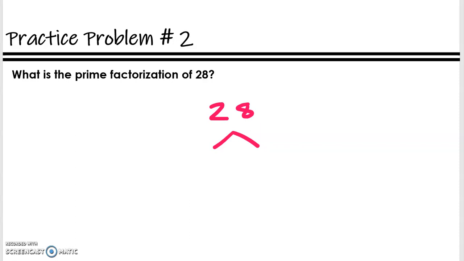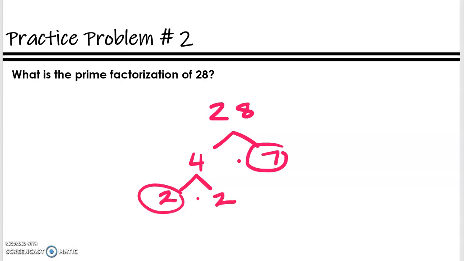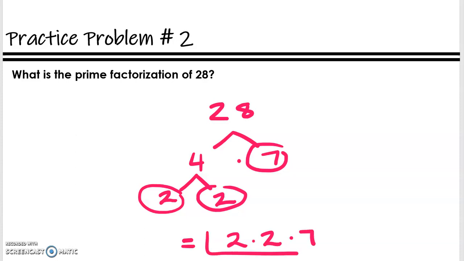When I think of 28, I think of 4 times 7. You might think of 2 times 14, but we'll end up at the same answer. 7 is prime, I'm done. 4, however, is 4 times 1, but also 2 times 2. So I'm done there because both the 2's are prime numbers. So my answer is 2 times 2 times 7.